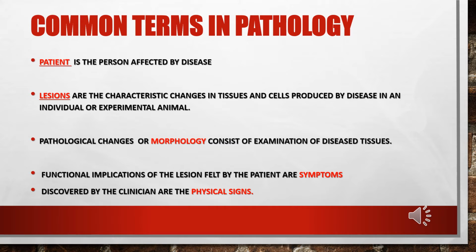And if you see the diseased tissue under the microscope, then it's known as microscopic examination. The term pathogenesis is basically the mechanism by which the lesions are produced. It means how the disease occurs.